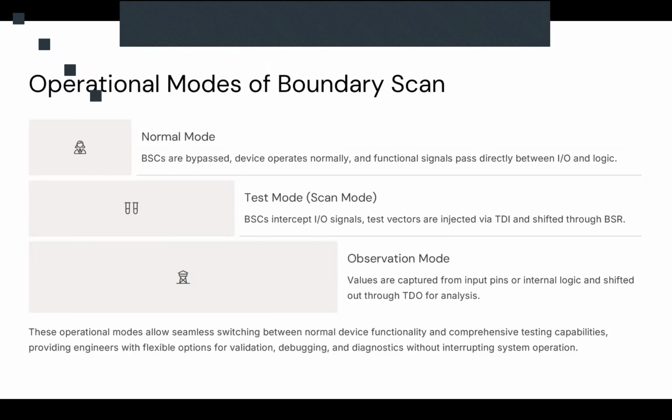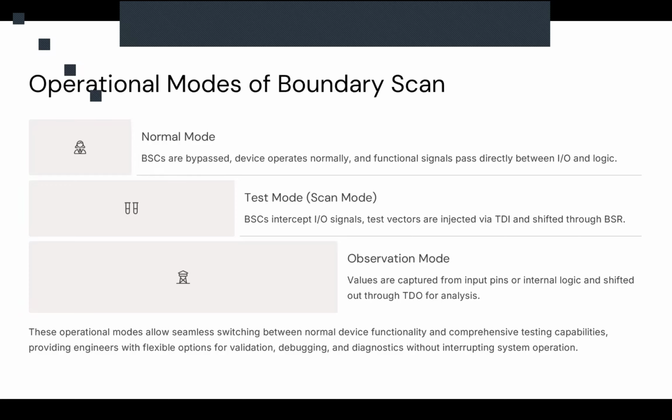Now, there are different operational modes when we talk about boundary scan, and these boundary scan cells have very different behavior during each mode. So let's talk about the 3 modes that boundary scan can have.